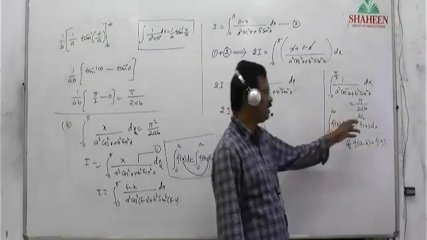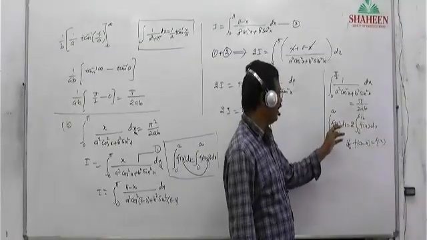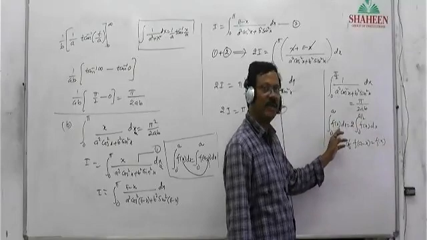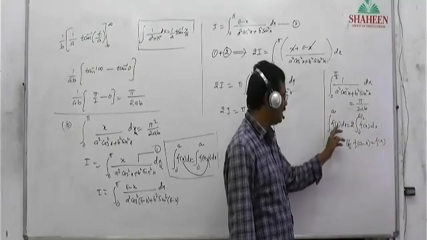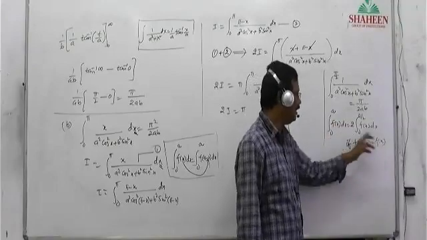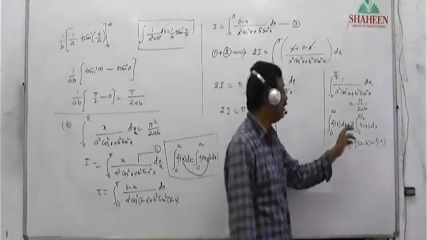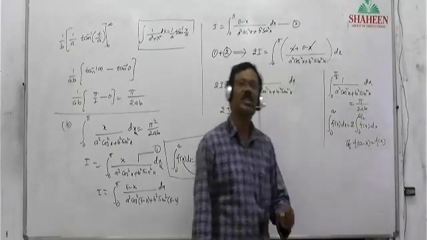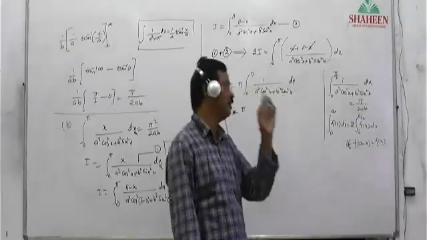Wherever there is x in the problem, substitute a minus x. If it is again f(x), then we write 2 times integral 0 to a by 2 of f(x) dx.